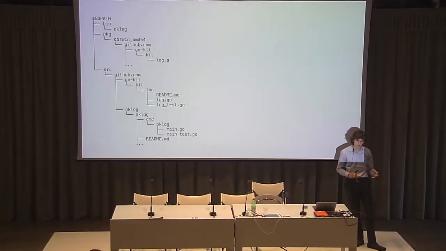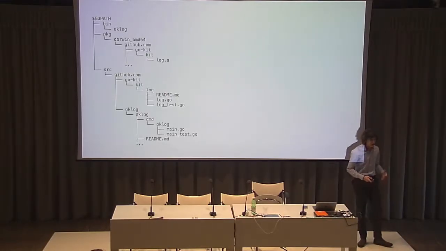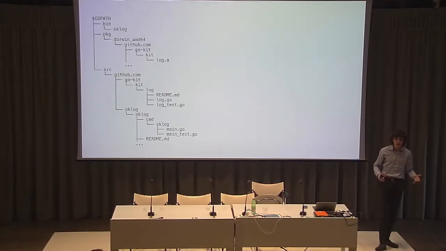The interesting thing is that now that means that the code of OKLog has to be in your Go path. So maybe /users/Filippo/go/src/github.com/oklog/oklog. Now, this makes sense. If you're in this room, there are actually good chances that you like the simplicity of this. I do. Francesco over there said he does.